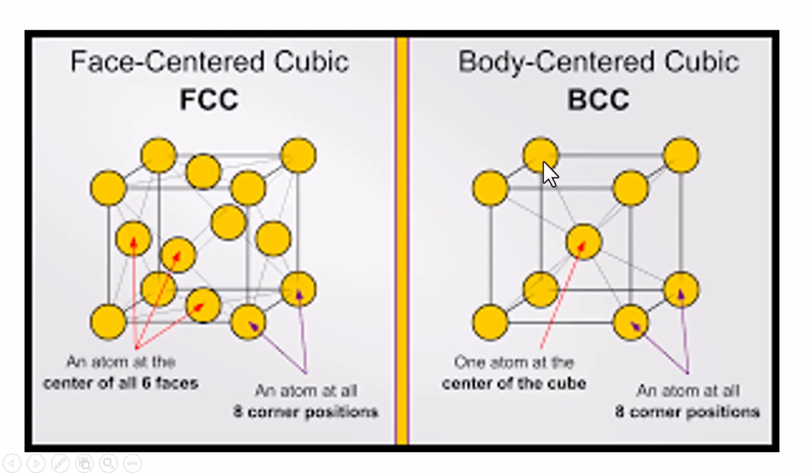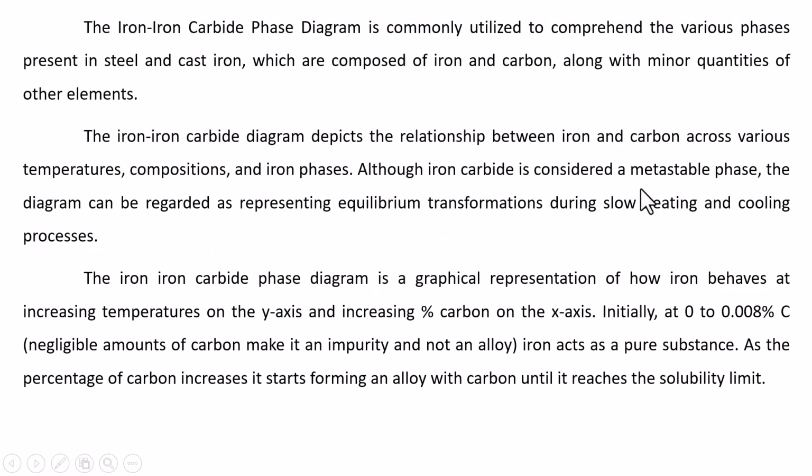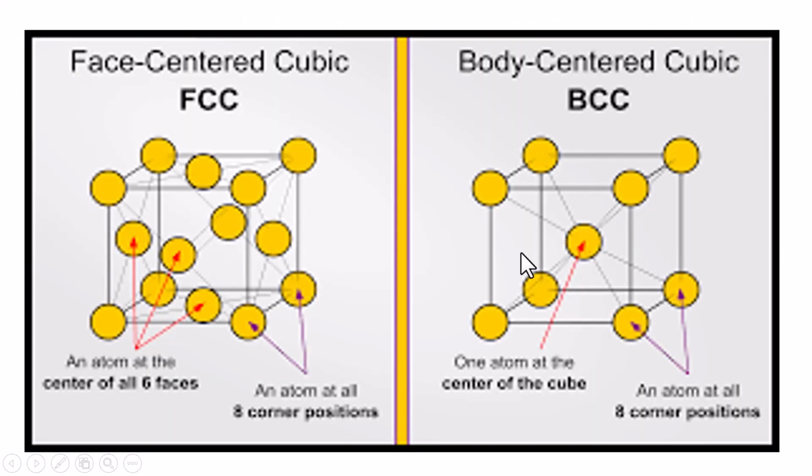In the case of BCC, you can see corner atoms 1, 2, 3, 4, 5, 6, 7, and 8, and the body-centered atom is there. So this is completely inside the body. And move to the next question.